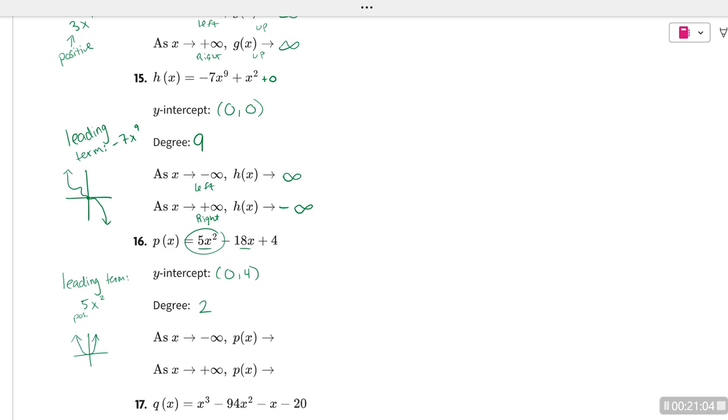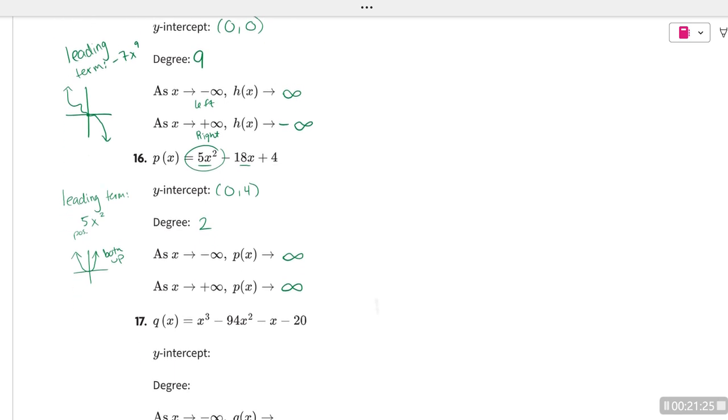So it's going to look something like that. So as x goes towards the left, as x approaches negative infinity, p of x also approaches positive infinity. I'm sorry. As x goes to the right, or x approaches positive infinity, p of x approaches positive infinity as well. So they are both up.